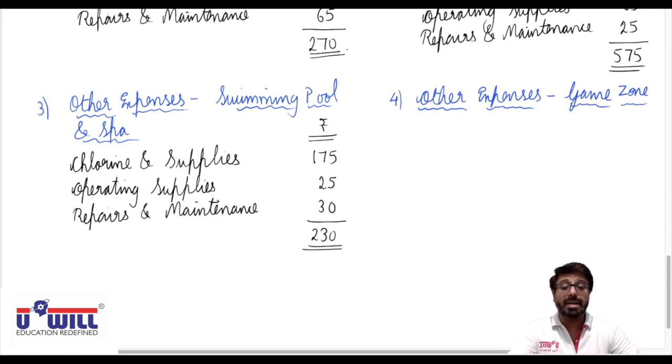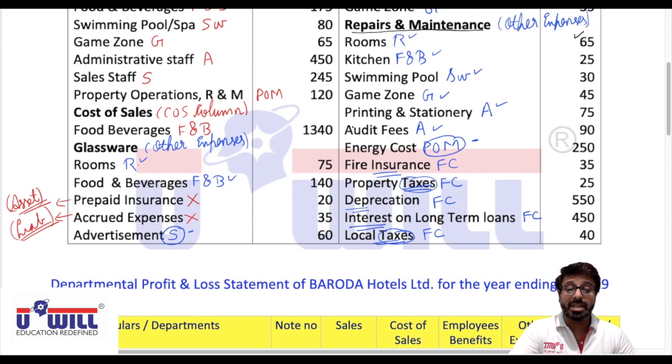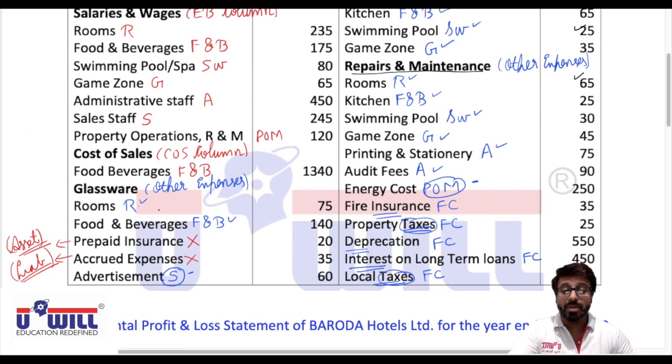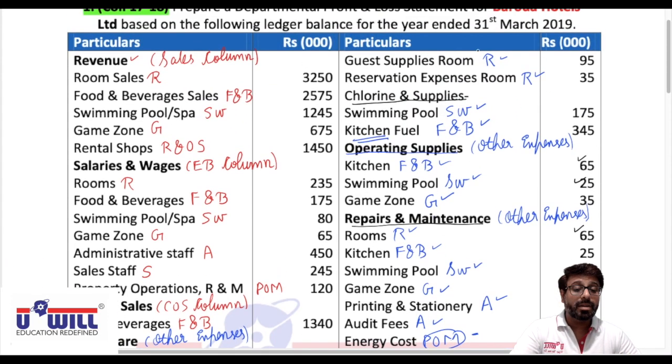All the items marked as G will be taken into consideration here. So let's see what all things we have marked as G in other expenses. Glassware onwards, here we have nothing. Then directly we have operating supplies of game zone 35.